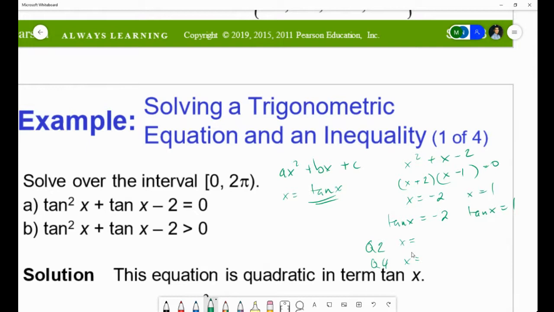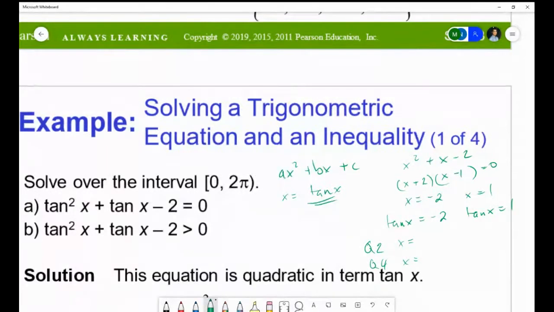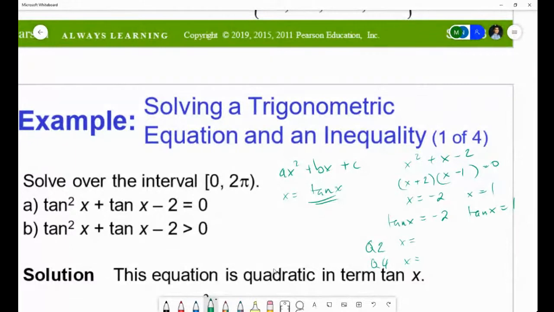This is where you can use your calculator, by the way. Everyone got it? The arc tan of -2. Yeah. What'd you get? Yeah, type that in your calculator and see.